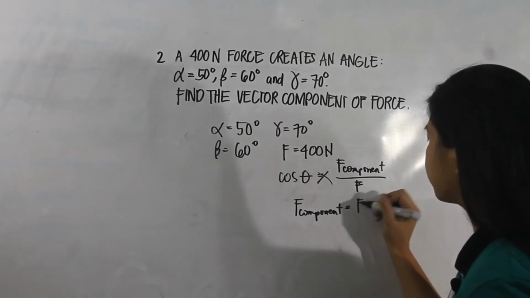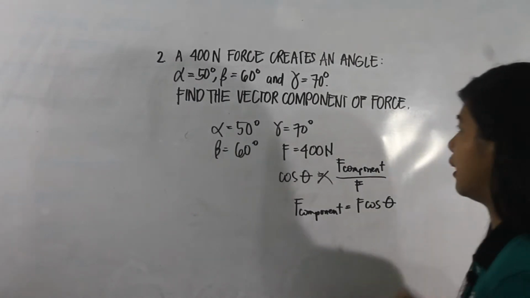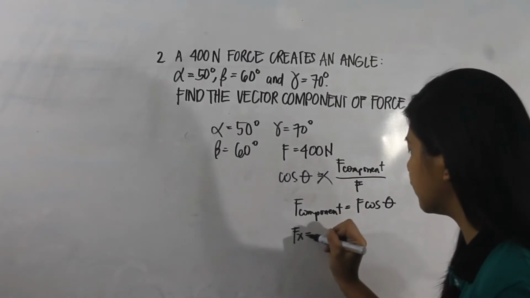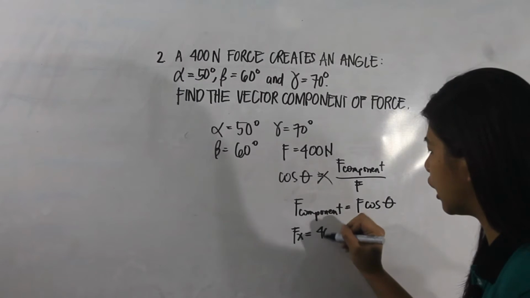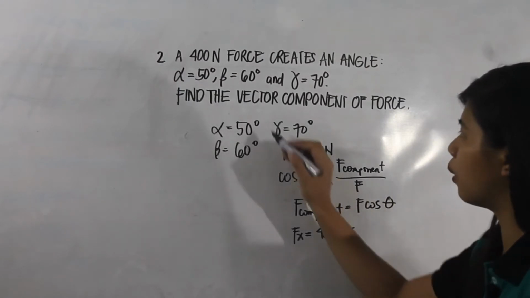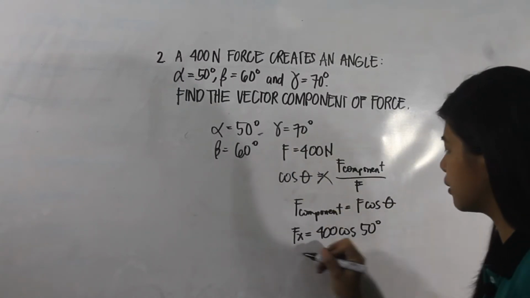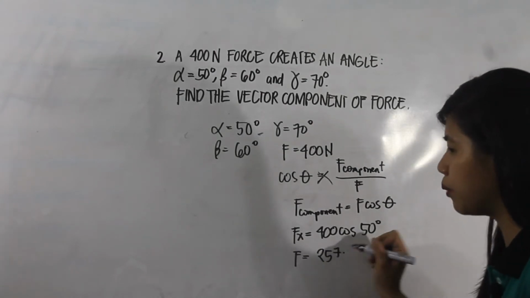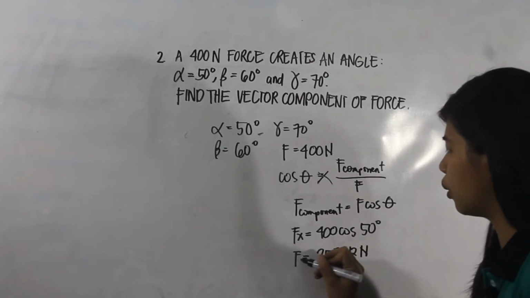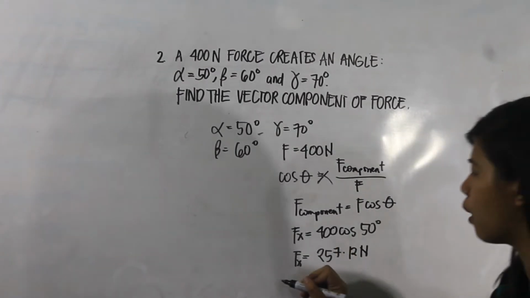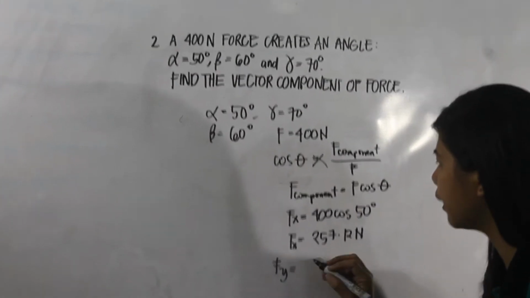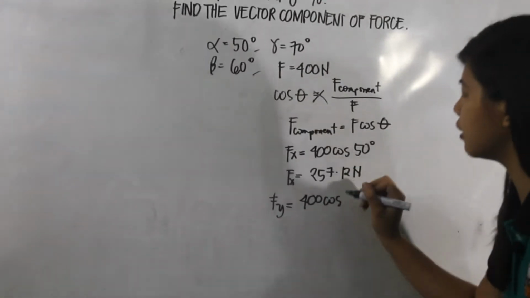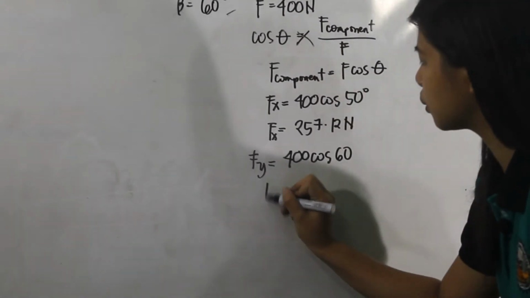So we will have F cosine theta. For our alpha, we have Fx is equal to F, which is 400, times cosine of 50 degrees. And that will give us the answer of 257.12 Newton. And for our Fy, we have 400 cosine of 60 degrees.